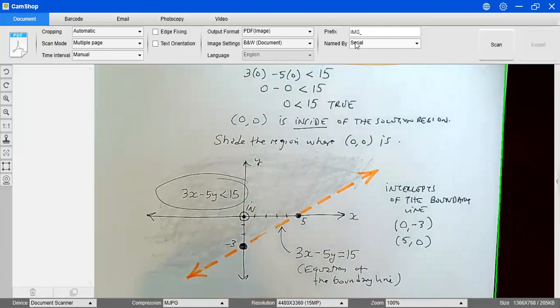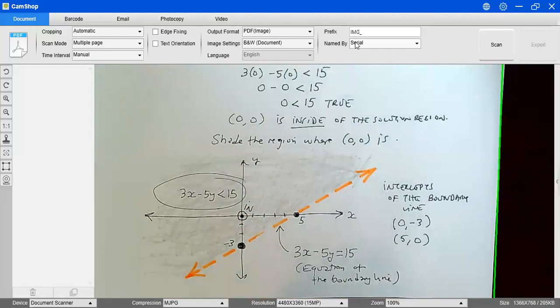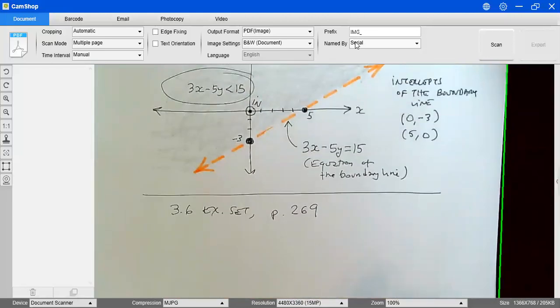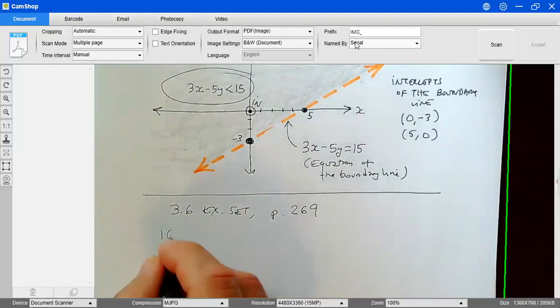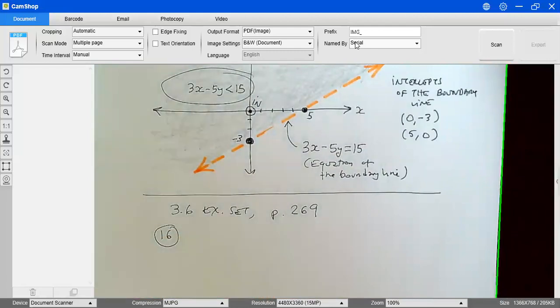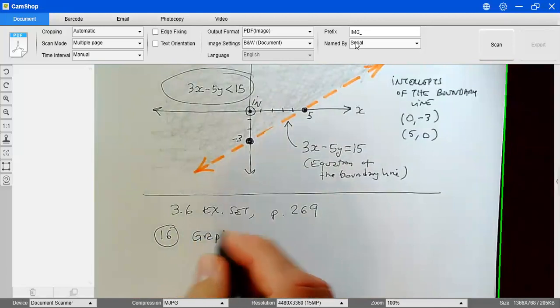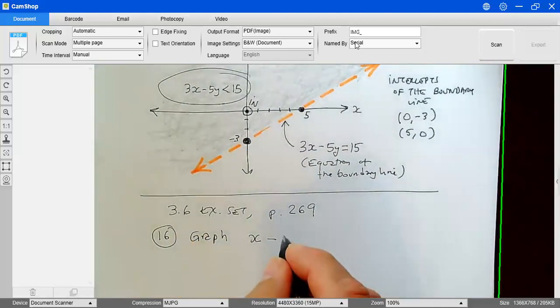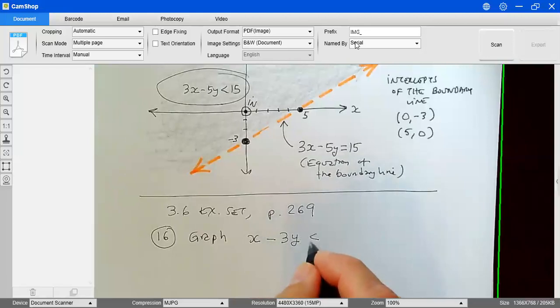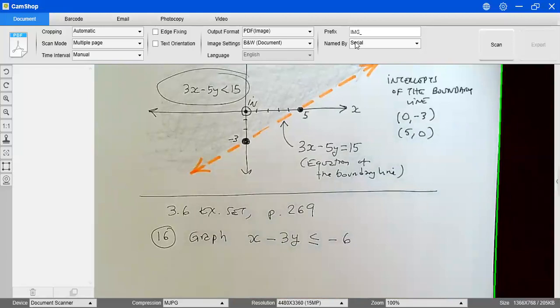This is going to be the 3.6 exercise set on page 269. You're going to graph the inequality x minus 3y less than or equal to -6.